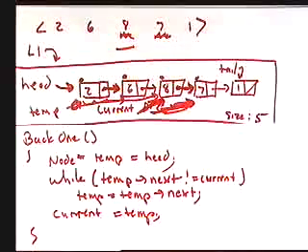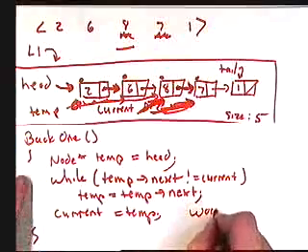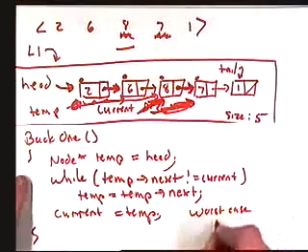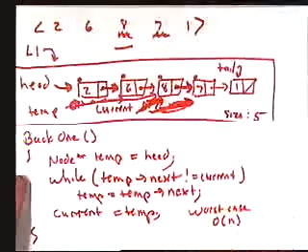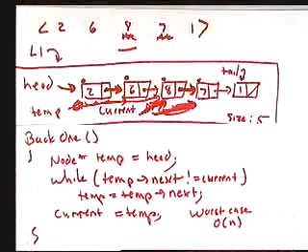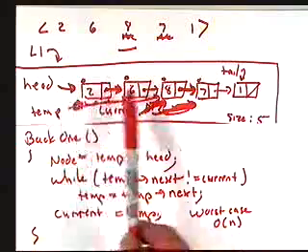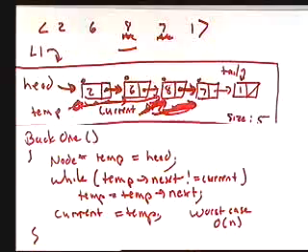And the downside to back one here is it's going to be worst case linear time. The reason being that at the very worst, we might be trying to move back one from the very last node, which would mean this loop that traverses through the list until we find current would go through almost all the nodes, stopping finally at the node before last.